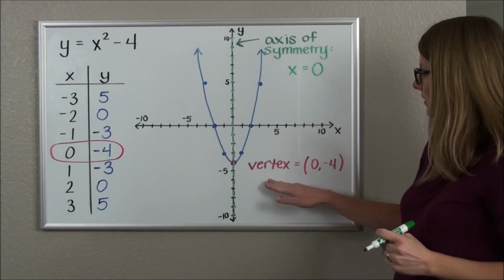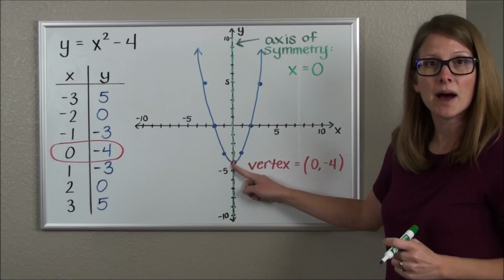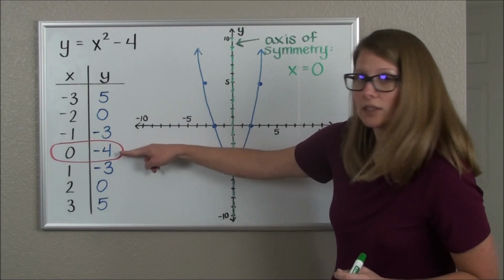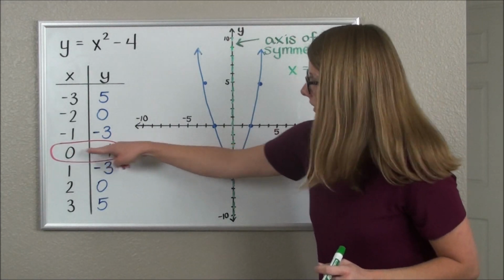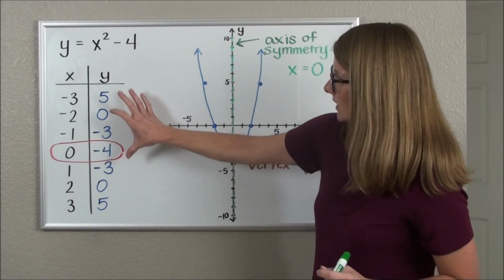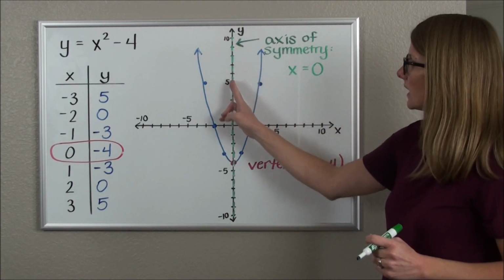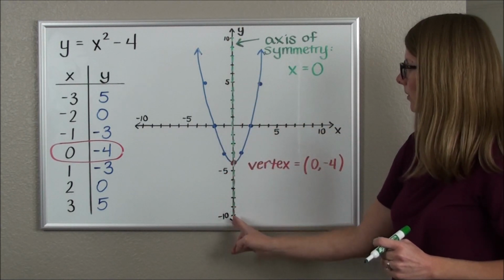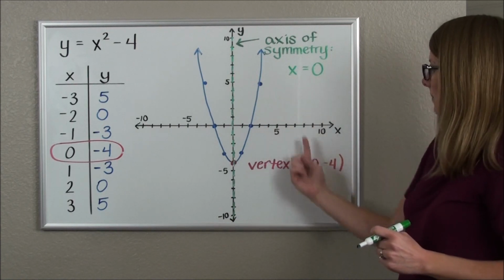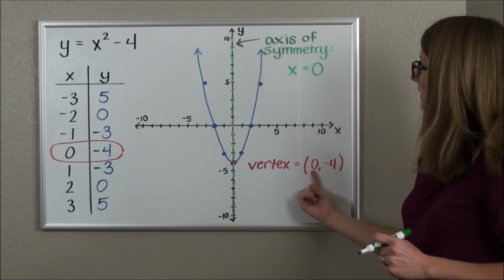So you have your vertex, which is in this case the bottom of the valley. You saw it in your table as the mirrored part where the reflections happened outside of it. The axis of symmetry will always say x equals because it's always going to be a vertical line. It will always be the same x value as what's in your vertex.